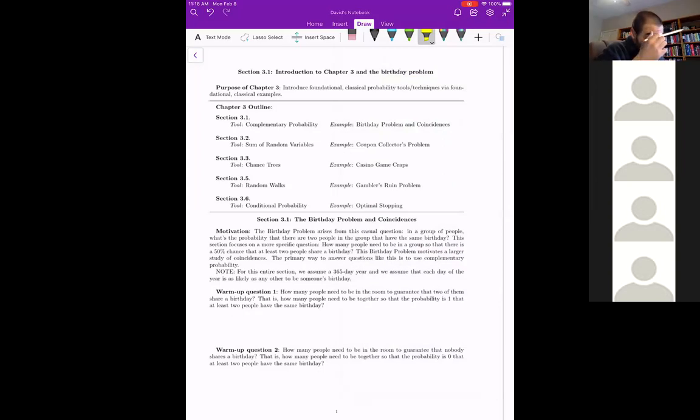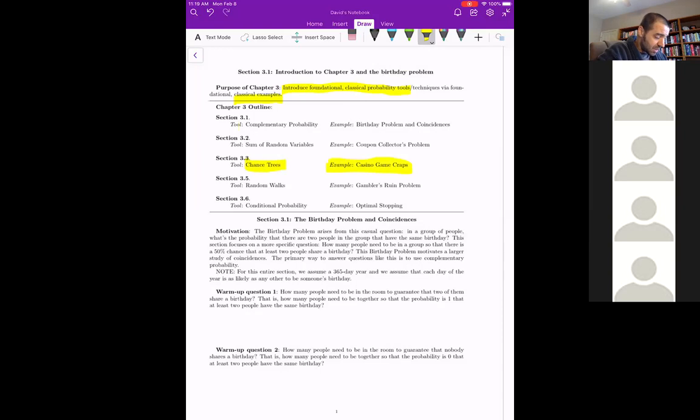Okay, so just briefly, what's the purpose of chapter 3? To introduce foundational classic probability tools via classic examples. So the book takes a layering approach. For example, chance trees, that's a classical tool, very useful, very necessary for a probability course. And we're going to investigate that using the game Craps.